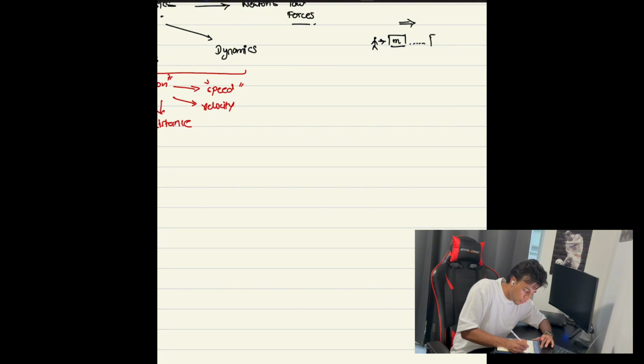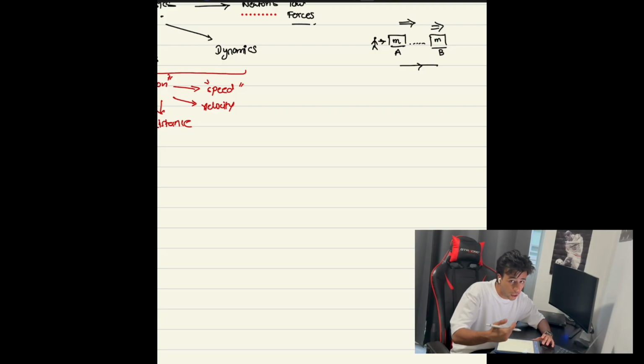Let's suppose this is point A and this is point B. So it ended up traveling a certain distance, and obviously it traveled that distance at a certain speed. And if it traveled at a certain speed, obviously there's going to be some sort of acceleration or deceleration, which is something we're going to be studying later. And that thing ends up becoming a force.